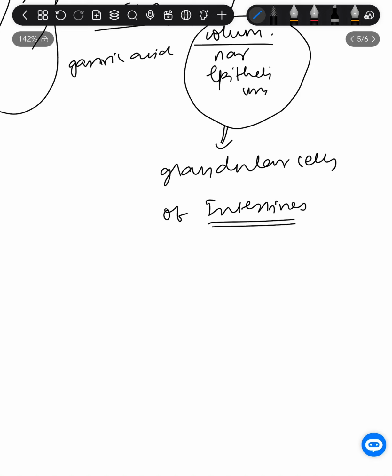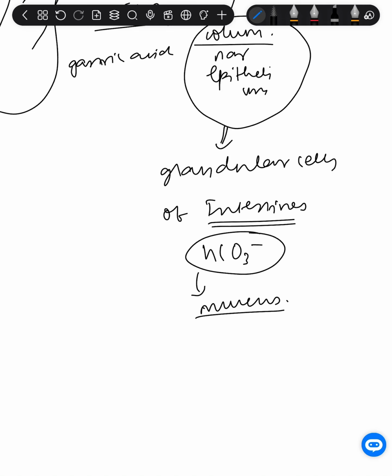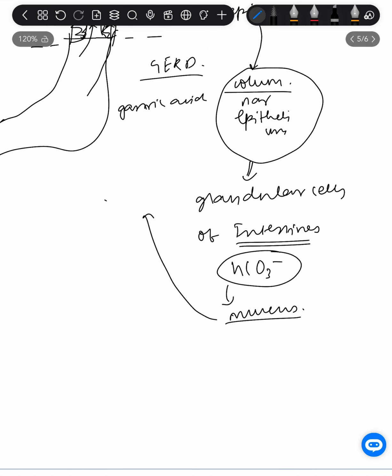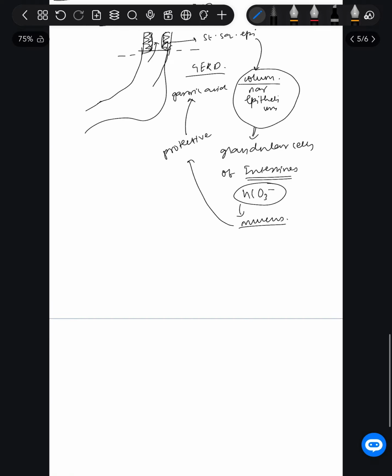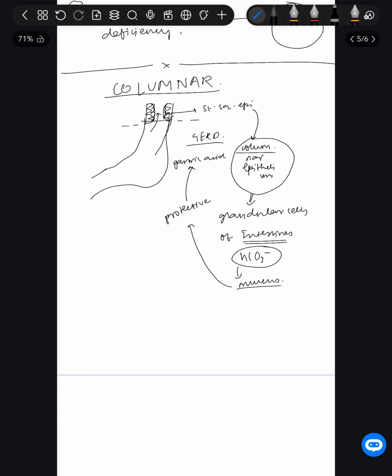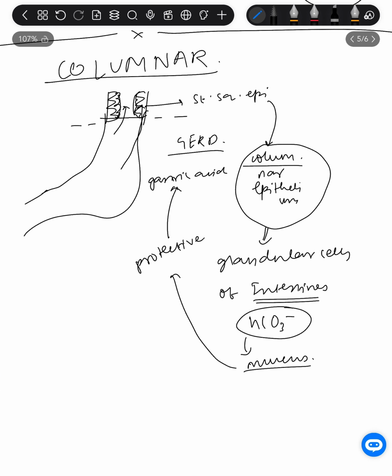And we all know the intestine secretes bicarbonate ion and mucus, and this mucus is helping in protective action against this gastric acid. This is the pathogenesis, and this is why the change is happening. And because in this change we are going from stratified squamous epithelium to columnar epithelium, we call it columnar metaplasia. Okay, I hope you understood this.